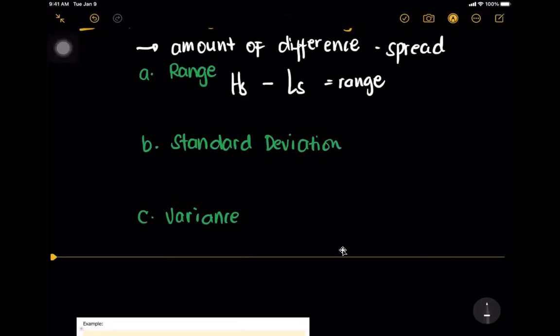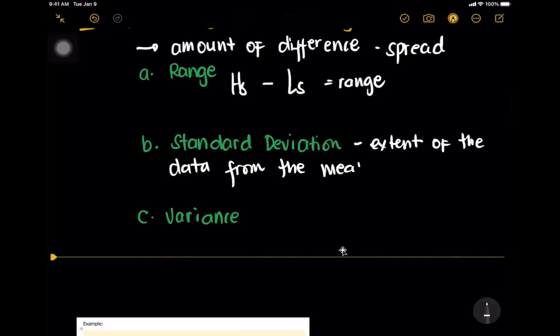Your standard deviation, on the other hand, shows the extent of the difference of your data from the mean.